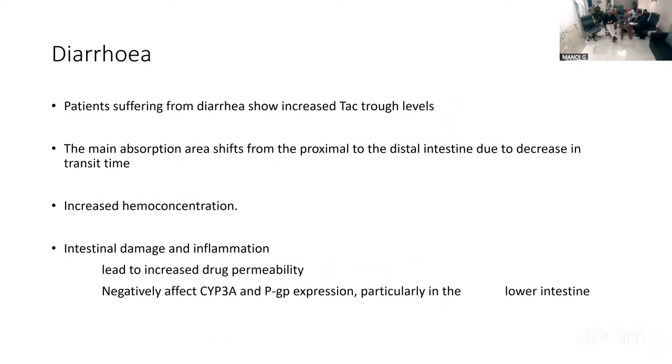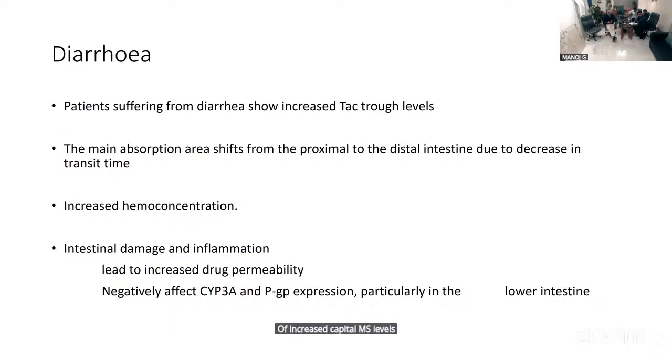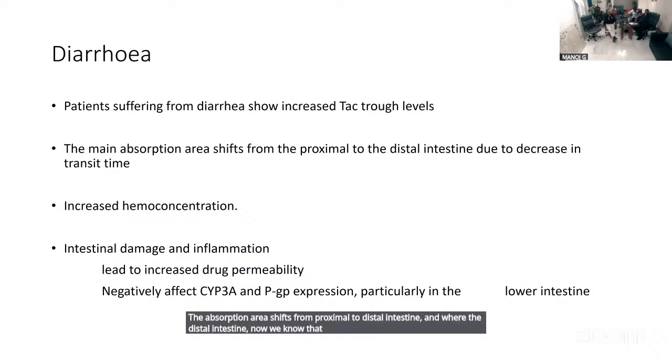Diarrhea. We always teach our students never to do a tacrolimus level when the patient is having diarrhea, because increased tacrolimus levels will be seen. But the fact is it is not a pseudo increase, it is a true increase, because the absorption area shifts from the proximal to the distal intestine, where the CYP3A enzyme levels are low.